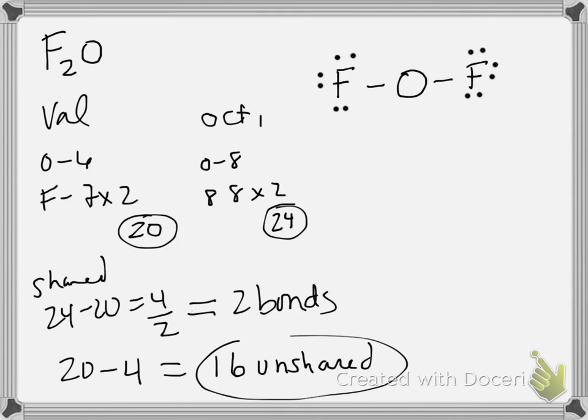We still have 2 unshared pairs. Who is not satisfied from an octet perspective? Oxygen. And if you remember, oxygen came in with 2 lone pairs. So you're really just preserving that. Nothing has changed. That one probably wasn't a real tricky one, so probably not the best example.